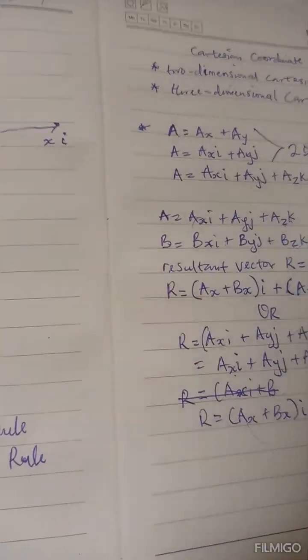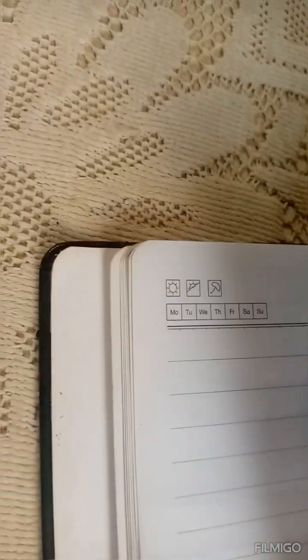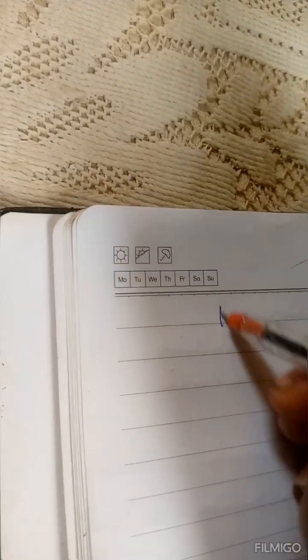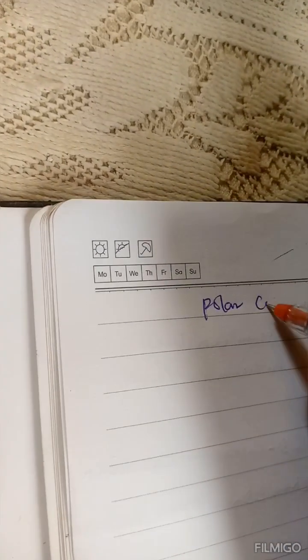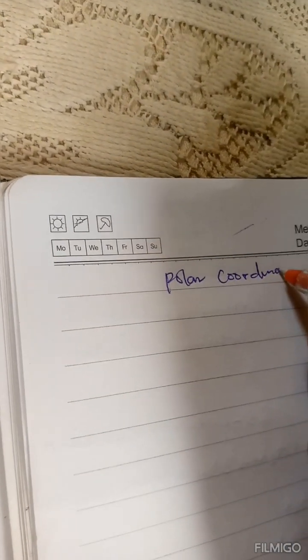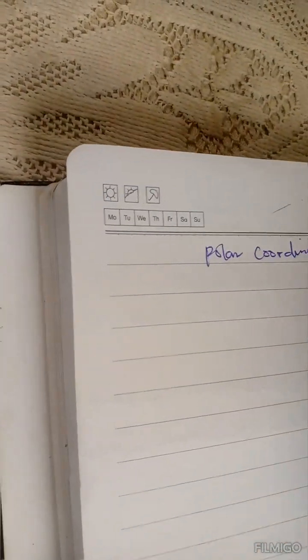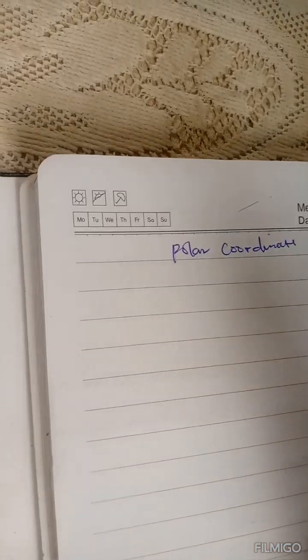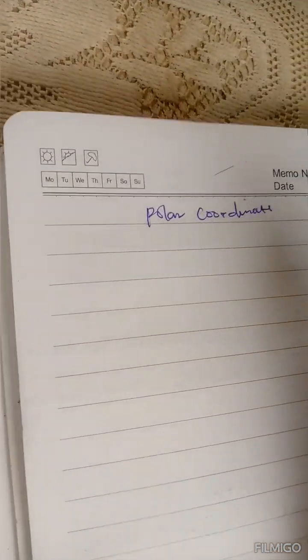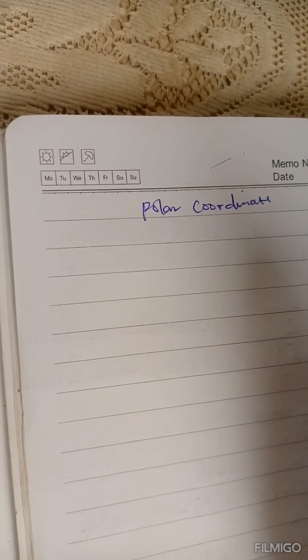Okay, so let's talk about this quickly. So I have polar coordinates. In polar coordinates, we are going to be introducing the trigonometric relationship here.